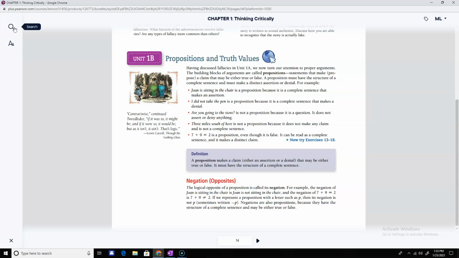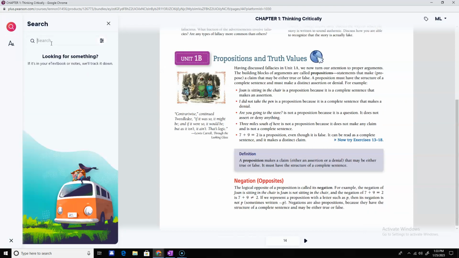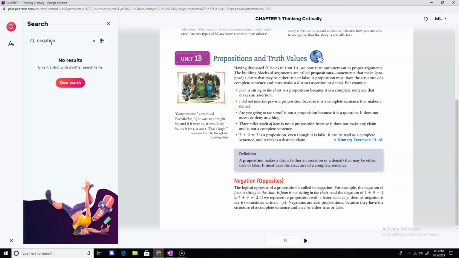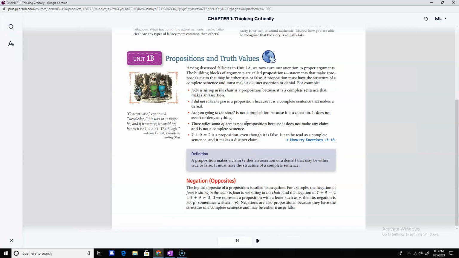You can also search using this, so we could search for negation. You can also use Control F and just search to see if it appears anywhere on the page. I don't know why it's not appearing, because clearly we can see it right here.